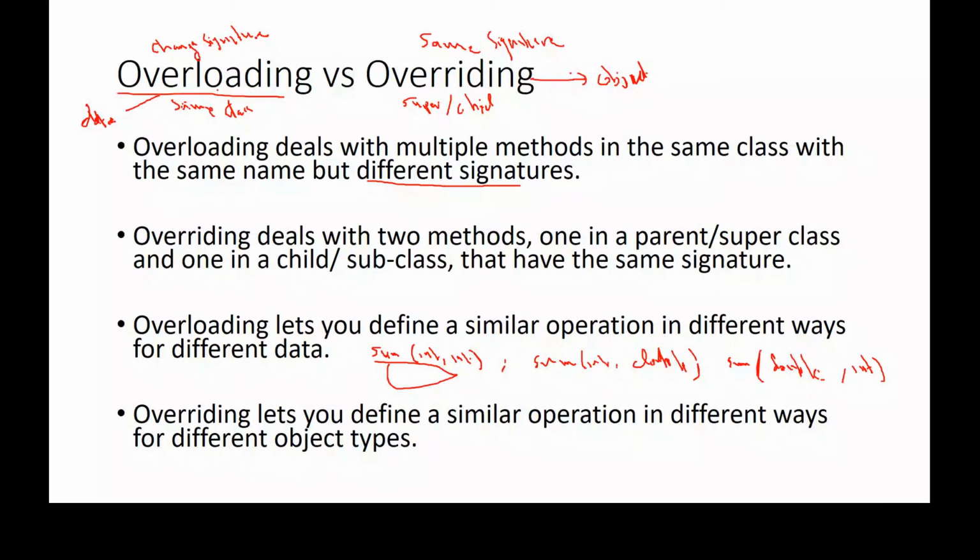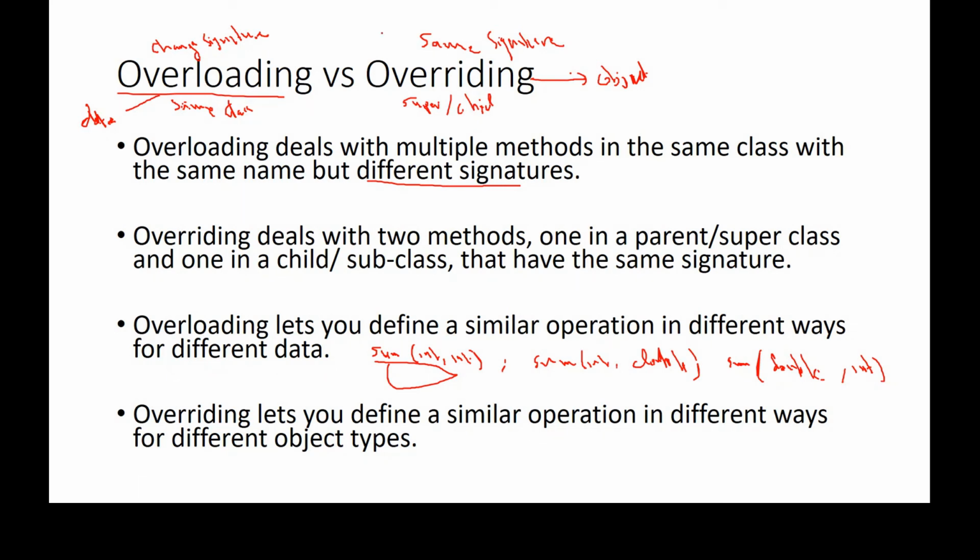But in overloading, we have different data, like integer and double, integer and integer. We care about the data. But in overriding, no, we care about the object. Are you in the super class, or in the child class? You print different things. This is called overriding.